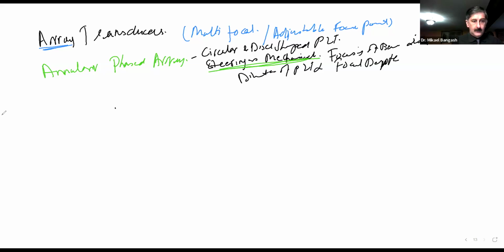That is going to be different for our next set of array transducers, which we can call the linear phased array. But array still means that this is going to have multiple focal points, or that the focal points could be adjustable.